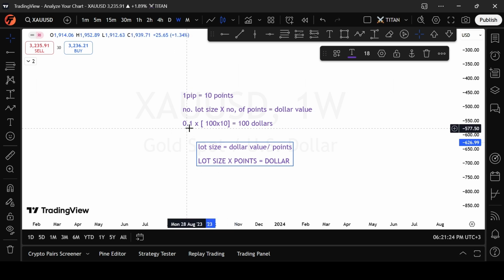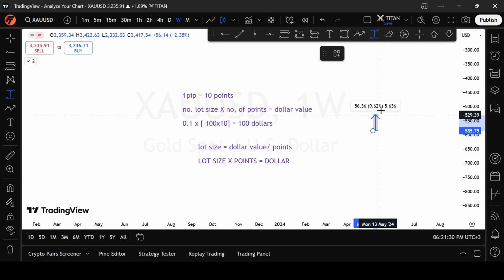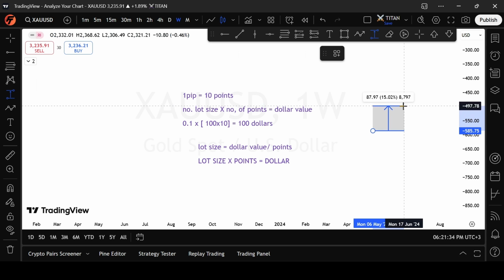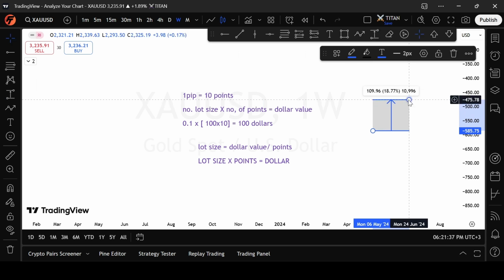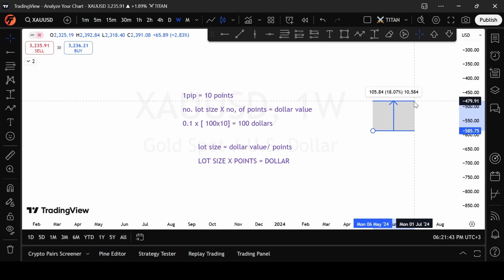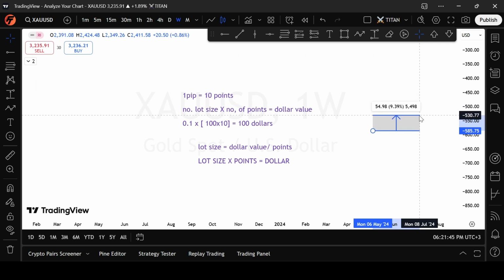If it's $1,000, that's where you use lot size 1 in an area of 100 pips. 100 pips is actually down here, really.